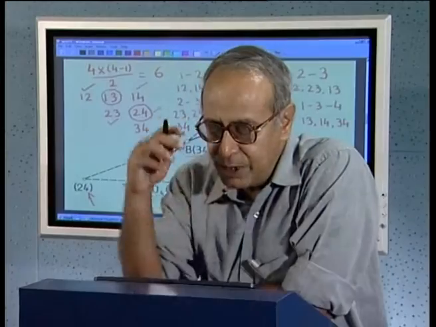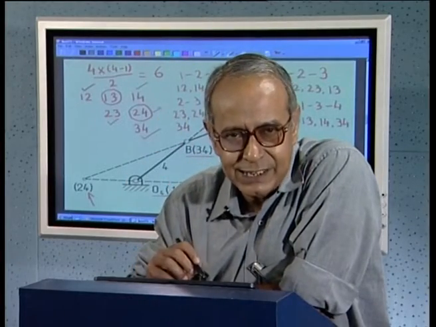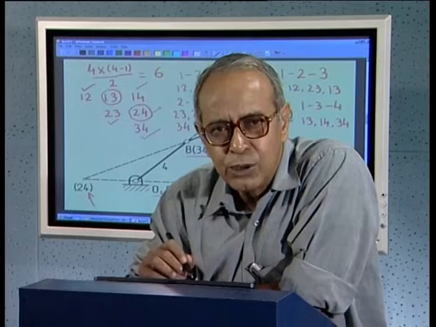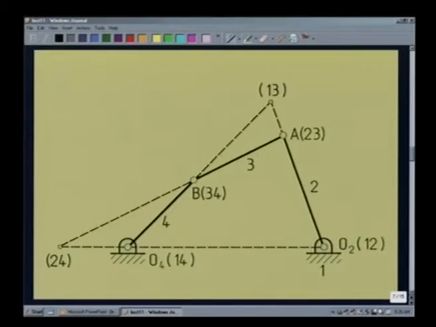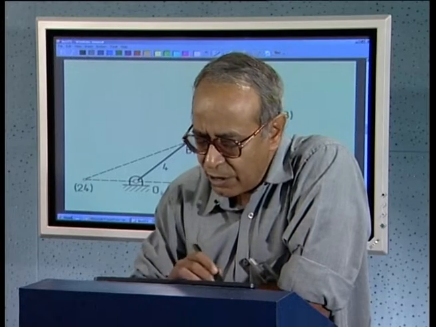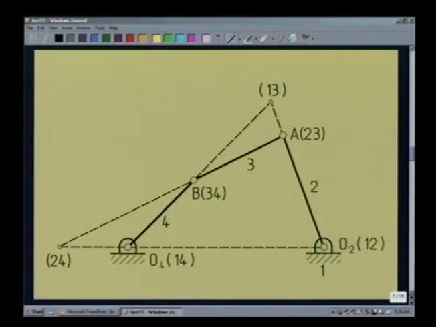Once we have determined all these 6 relative instantaneous centers, we are in a position to carry out the velocity analysis. To carry out the velocity analysis, let us look at this figure, where all the 6 relative instantaneous centers have been located as explained just now. For velocity analysis, let us say the angular velocity of the input link, say that of 2, is given.